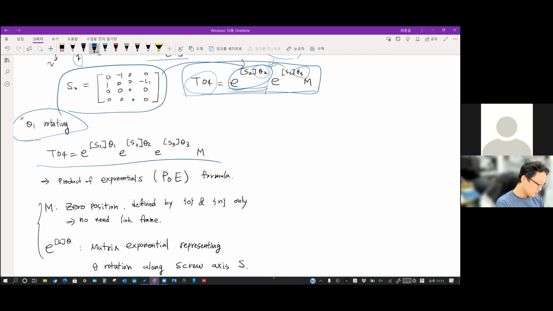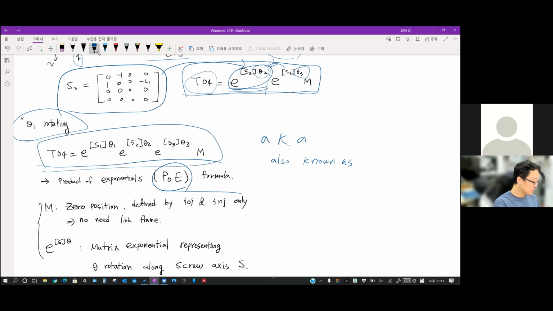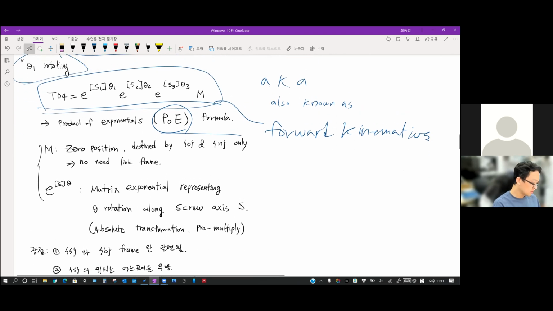Shortly, also known as the POE formula. So we simply call this the POE formula, product of exponentials formula. So using POE, we can calculate forward kinematics. In this equation, this M is the zero position when all the theta equal 0.